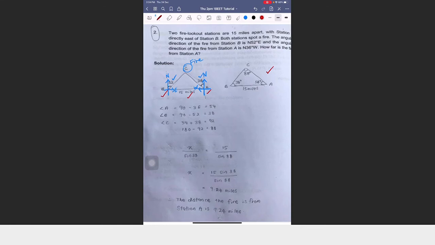In this solution, you're using x, so this is the x.